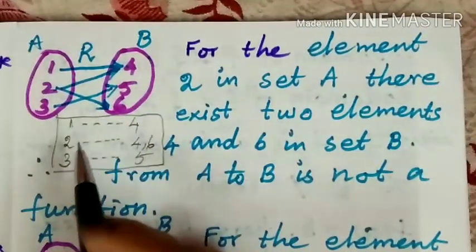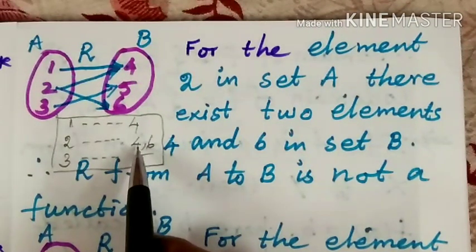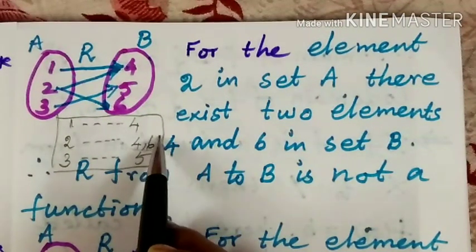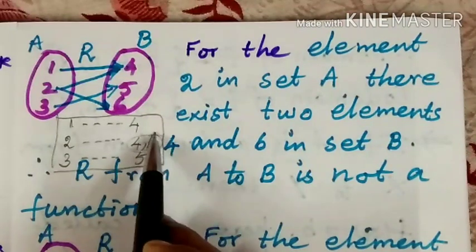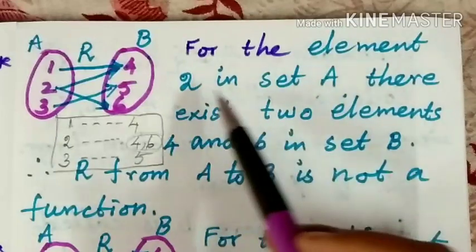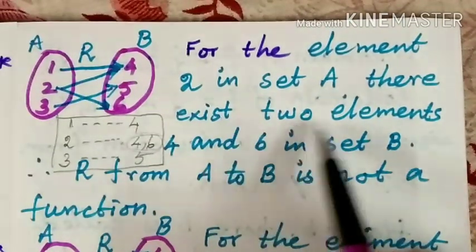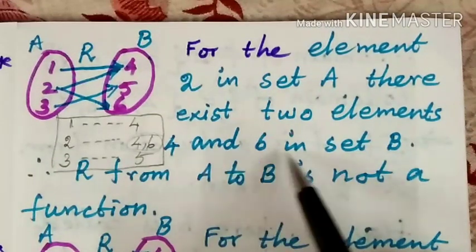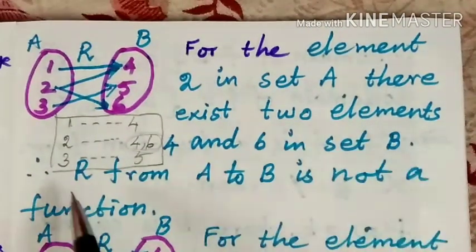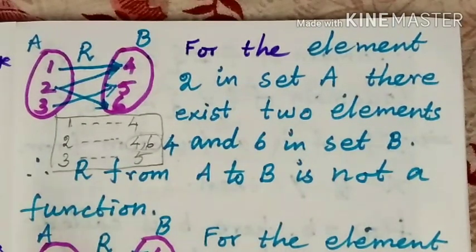Here the element 2 is associated with two elements in set B. So for the element 2 in set A, there exist two elements 4 and 6 in set B. Therefore, R from A to B is not a function.